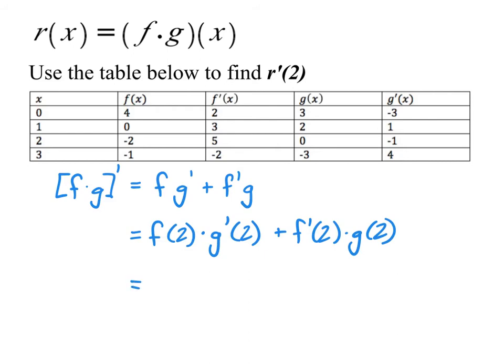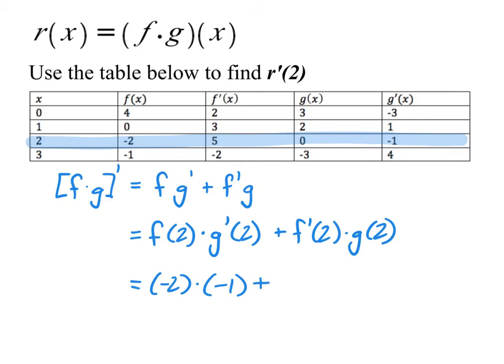So f of 2. So I go down here to the 2 row. In fact, let's just go ahead and highlight that right now. And all I care about is that row, because that's where all of my x values are 2. So I grab the f value, which is negative 2, and I multiply that by the g prime value, which is negative 1. And then it's plus, because of the plus from product rule.